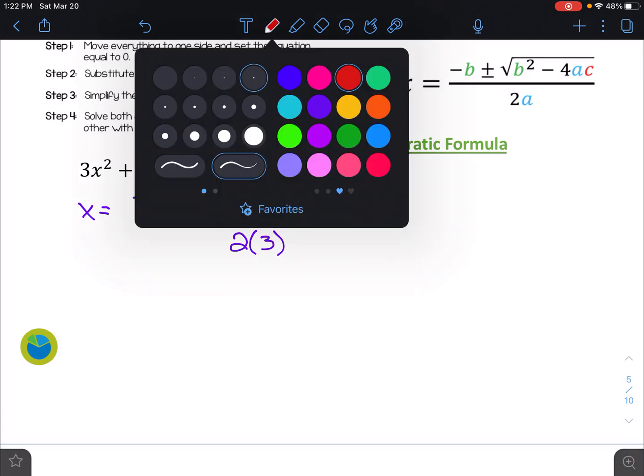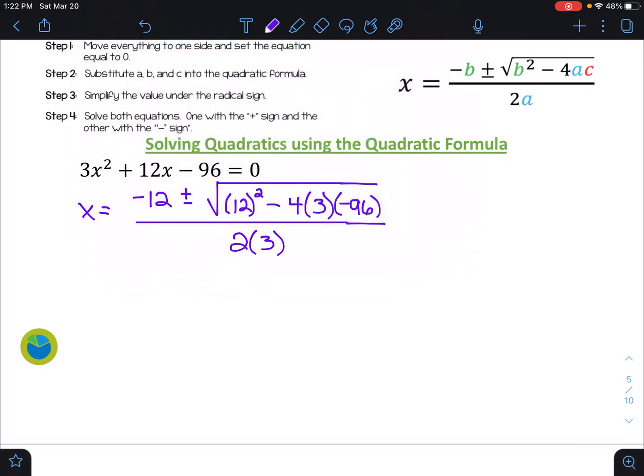So this gives me x equals, now I'm going to copy the rest of this, negative 12 plus or minus the square root of 1296, that's what we got now, over, and then if you want to simplify this right now, you can too. 2 times 3 is 6.